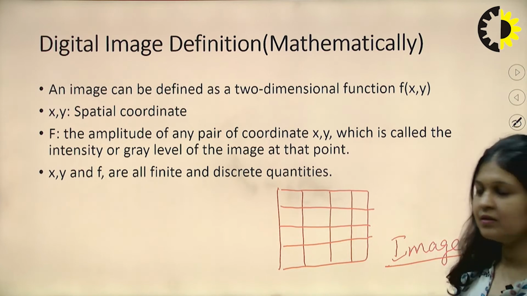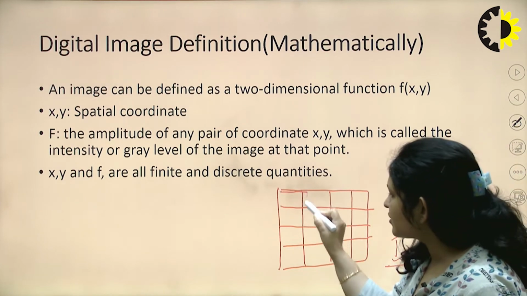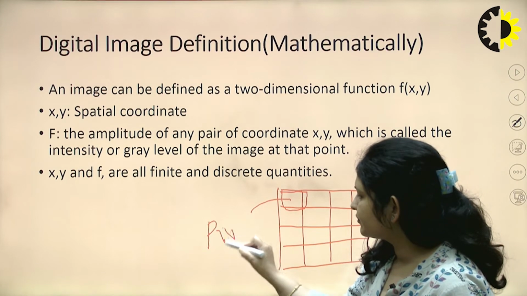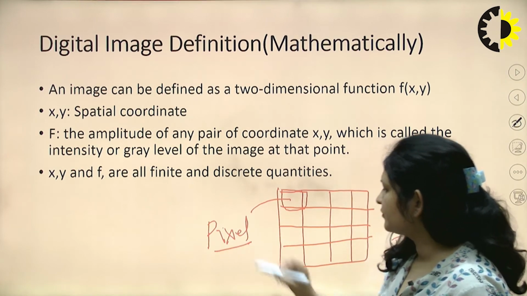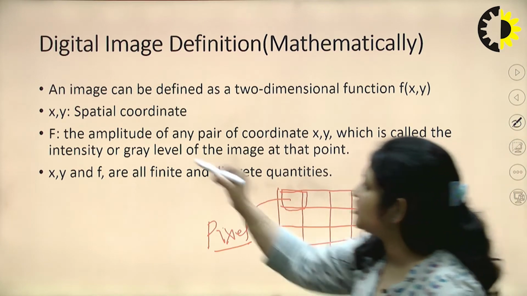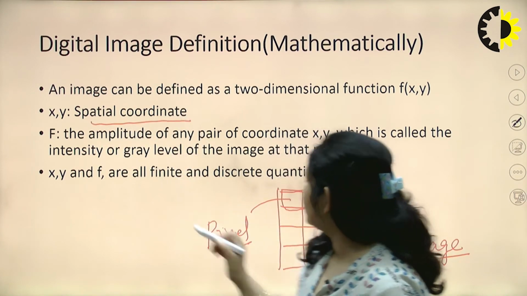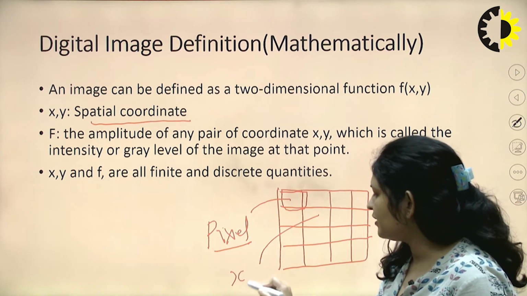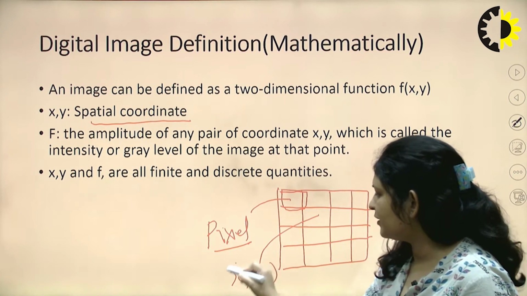Here this small box is called a pixel. These pixels have coordinate values called the spatial coordinates. So each pixel is recognized by a coordinate value, that is x comma y.